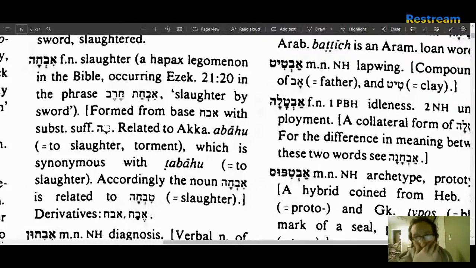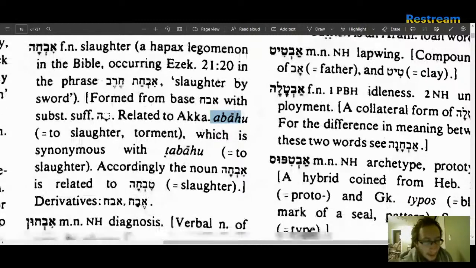Okay, so we'll move on from that one. But it says abahu, so we know that it occurs in Akkadian as well.